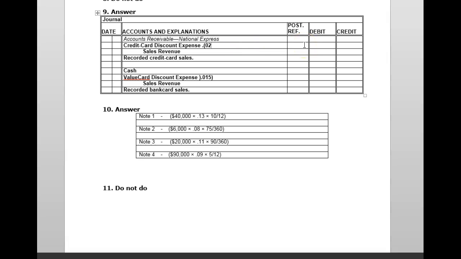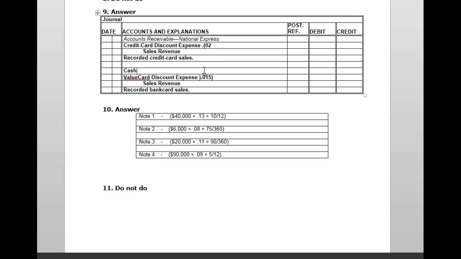Now the other one is a cash, so it goes directly into cash, and it shows it as a discount expense also, but you're going to directly debit the cash for the amount and put the discount expense in, and then you're going to do the revenues. So you can see that they both work the same. It's just that one shows it going into an accounts receivable, and one shows it going into a cash.